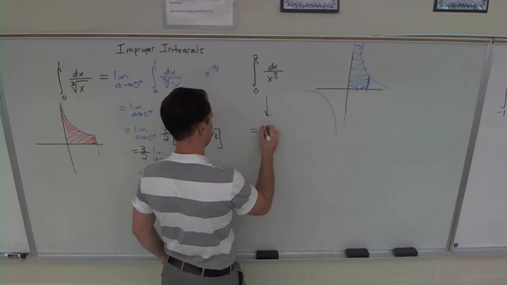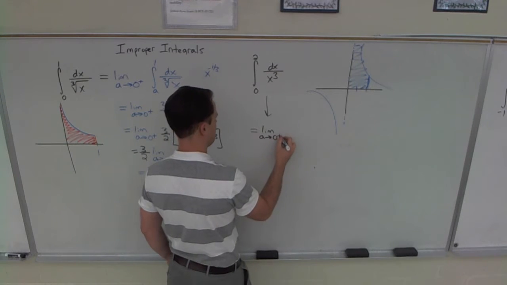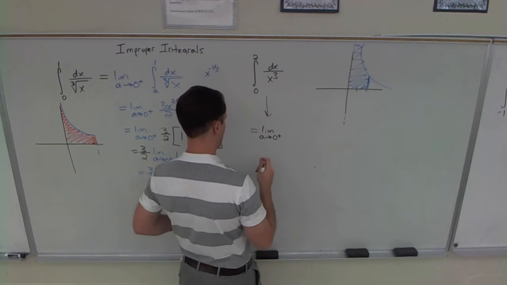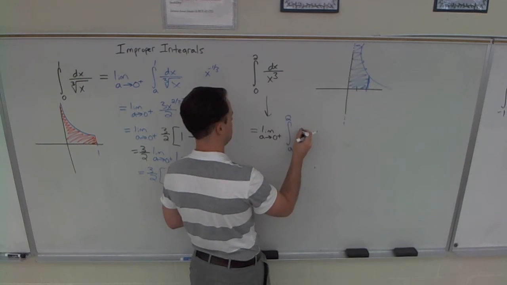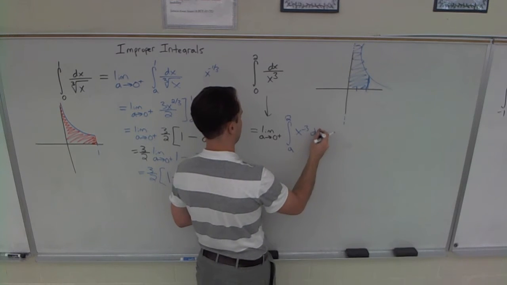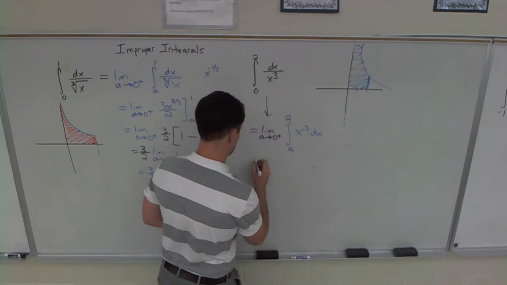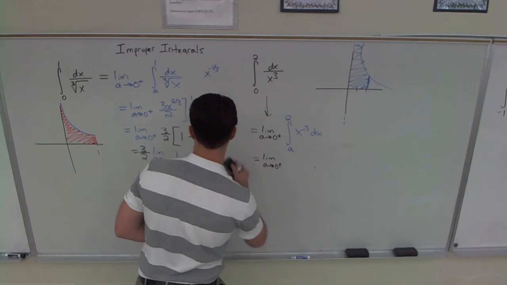It's equal to the limit as, let's say, a approaches 0 from the right again, because we're going up this way again. We don't need this piece down here. Of the integral from a to 2 of x to the negative 3 power. I'm going to write it like that because that's how we integrate it, right? So that's going to be equal to the limit as a approaches 0 from the right. Let me clean this up over here.